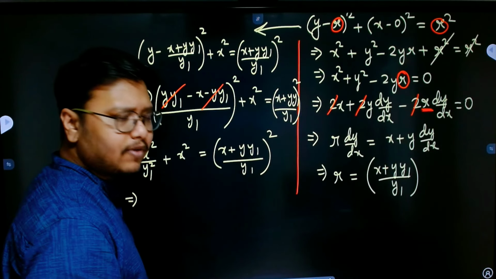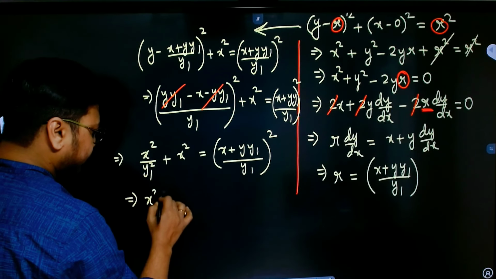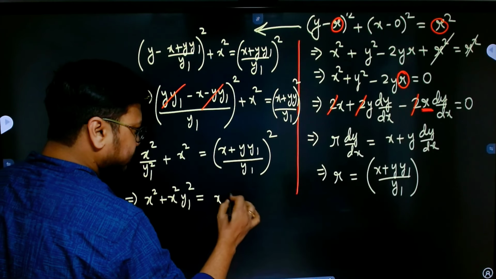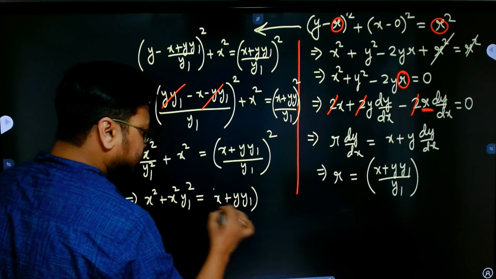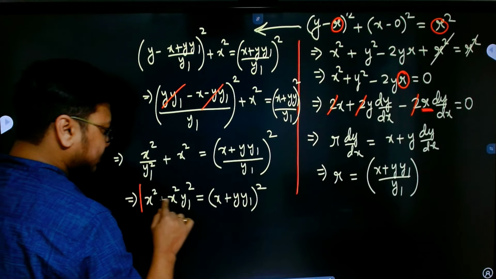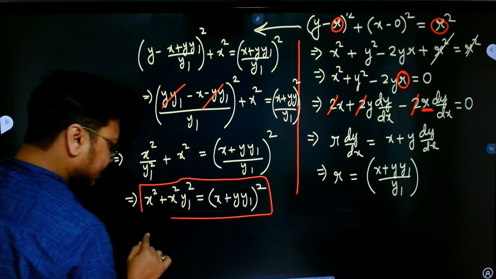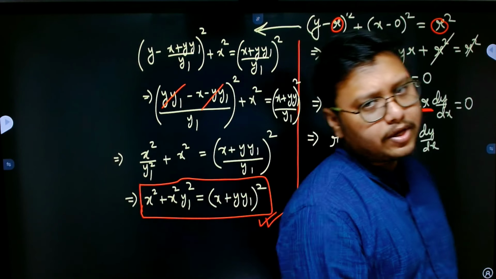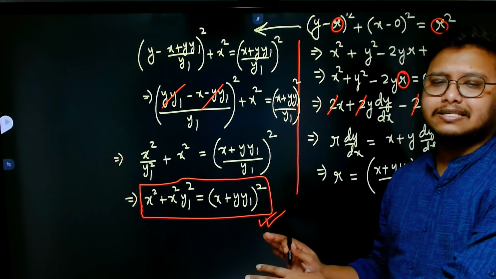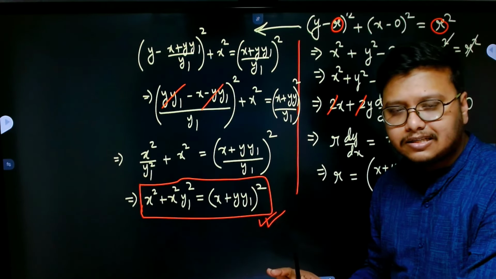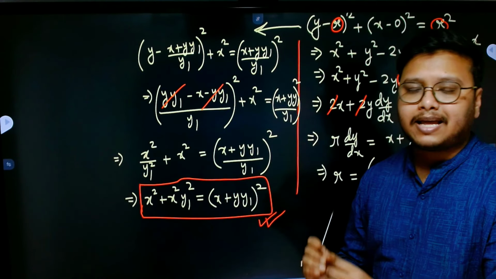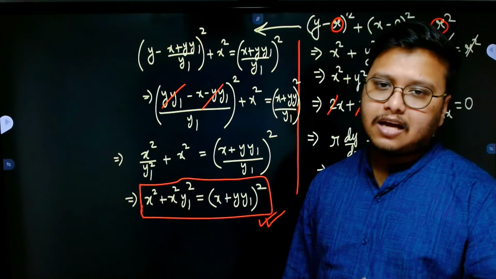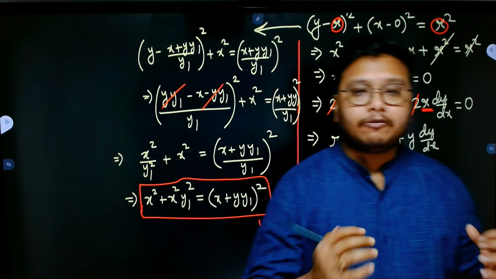Let's multiply y1 square all over, so that would be x square plus x square y1 square equals (x + y1) whole square. And let's not simplify this any further, let's keep it up till here. And so this is our required differential equation, which represents the family of all the circles which touch the y-axis at the origin. Okay, so this is how we form differential equations.